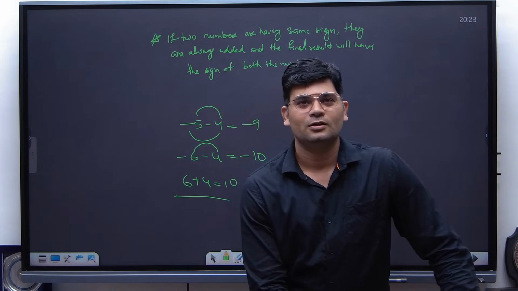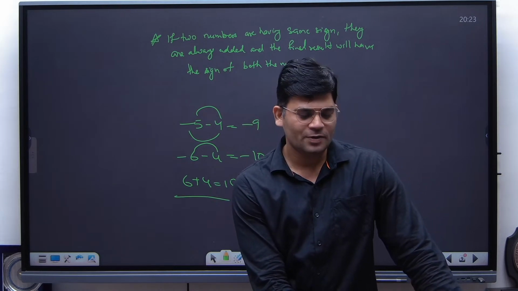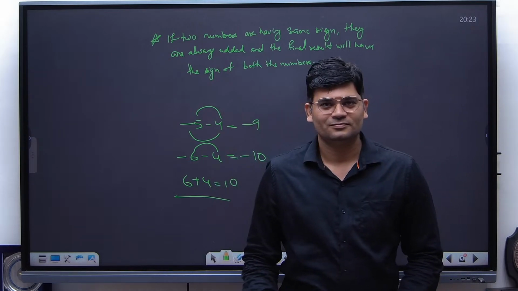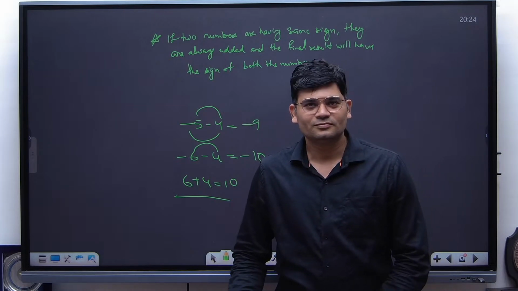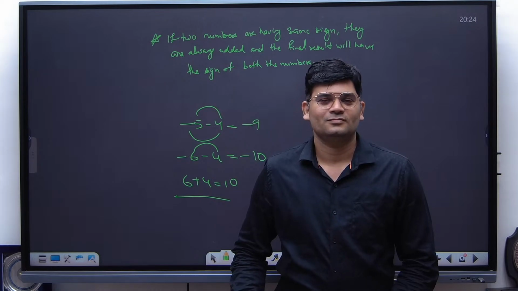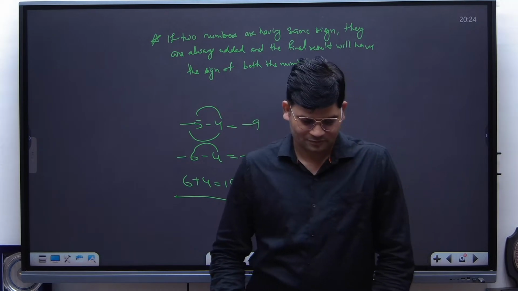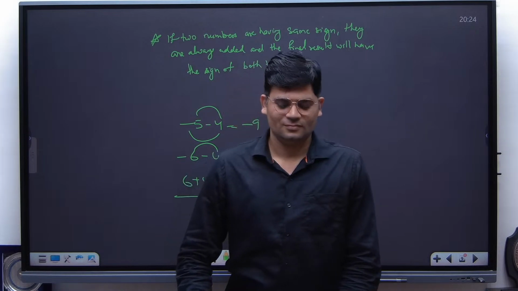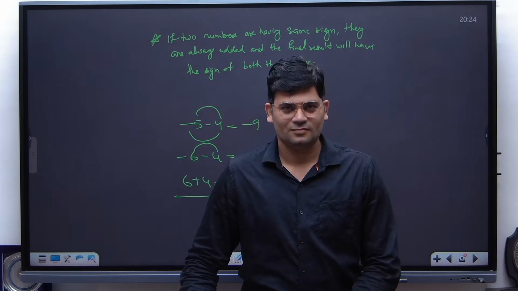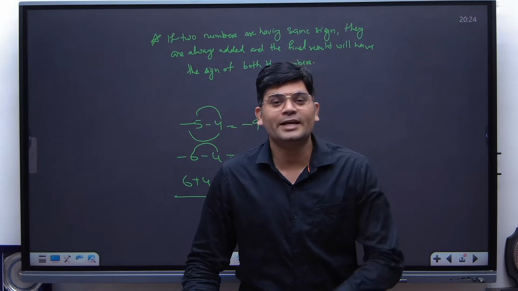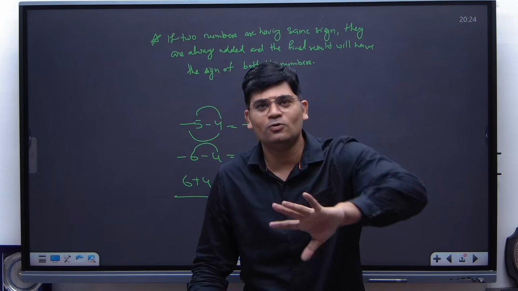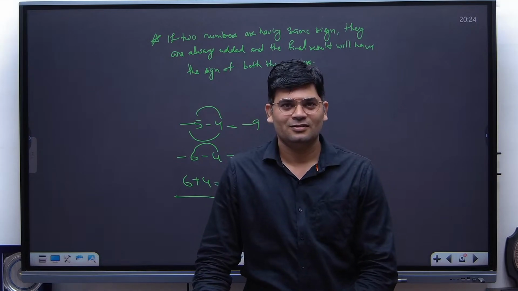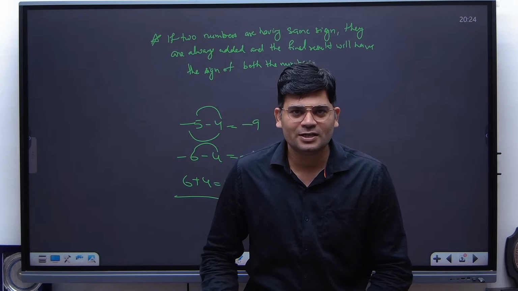Closure property, commutative property, associative property, distributivity of multiplication over addition, or the distributive property, then multiplicative identity, additive identity, then multiplicative inverse and additive inverse.